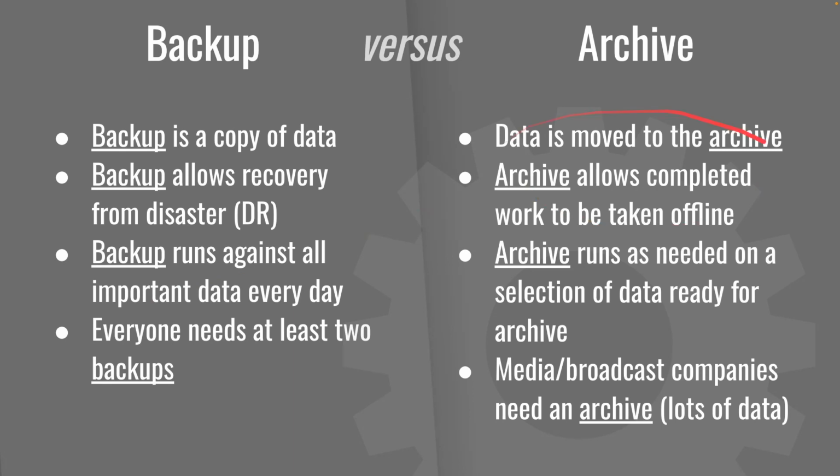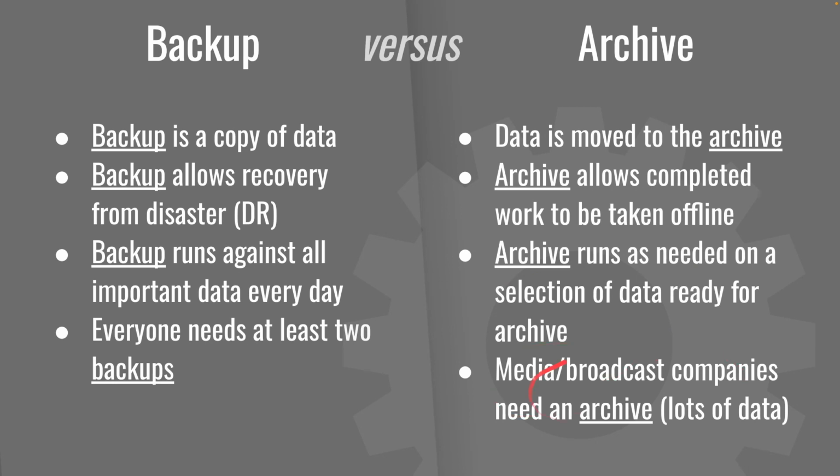Now contrast that with an archive, where you're moving data into the archive, selecting completed work that you're going to take offline, that you don't envisage you're going to need in the short term, and therefore doesn't need to be on your storage. You're going to select, based on what you know about the data, what it is that you want to archive, and DataIntell can help with that selection and automate it.